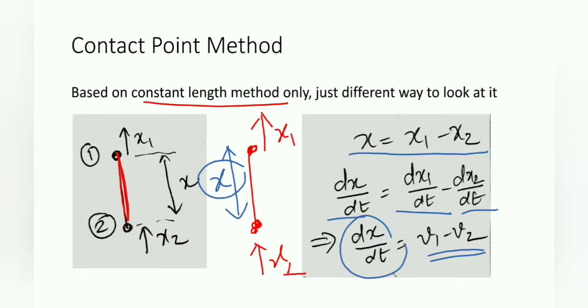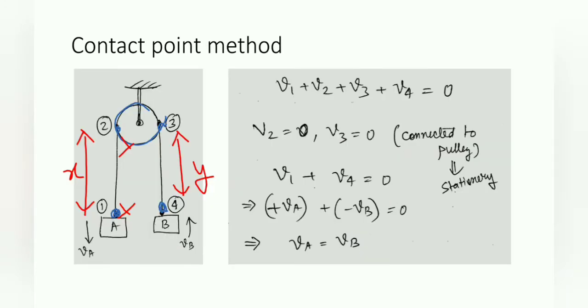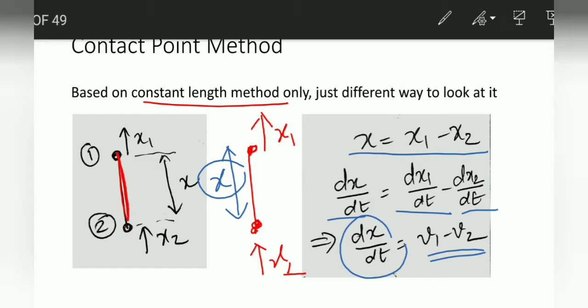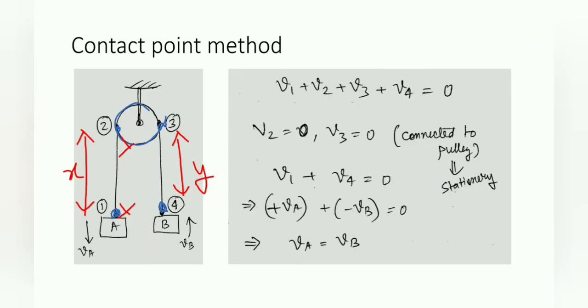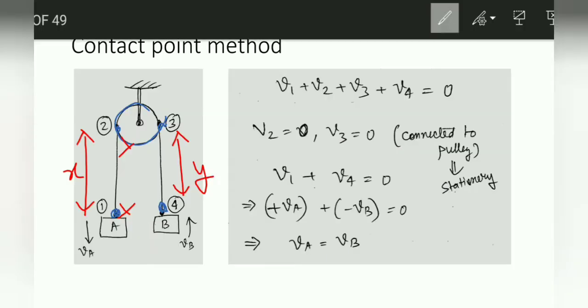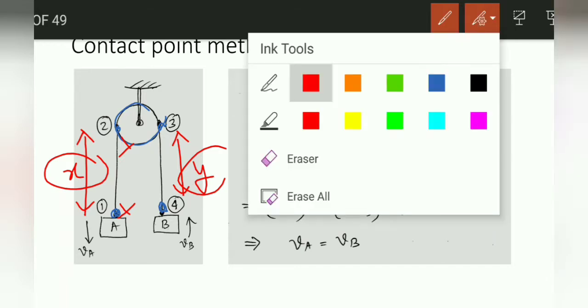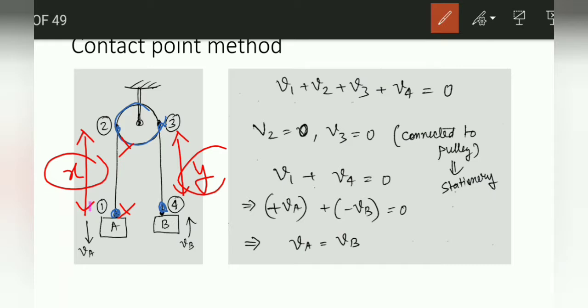So directly we will write this equation. Earlier we found dx by dt, the change in length, as x plus y plus some constant, then dx by dt. Now we will consider the end points, and for this dx by dt we will write v1 minus v2.